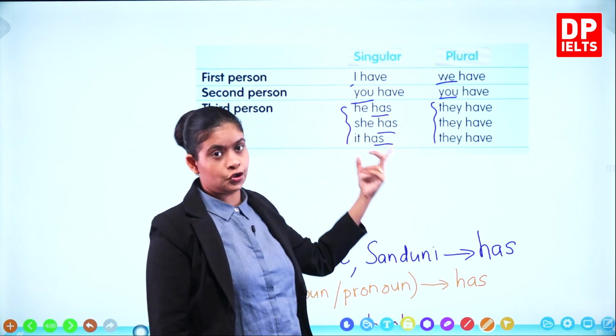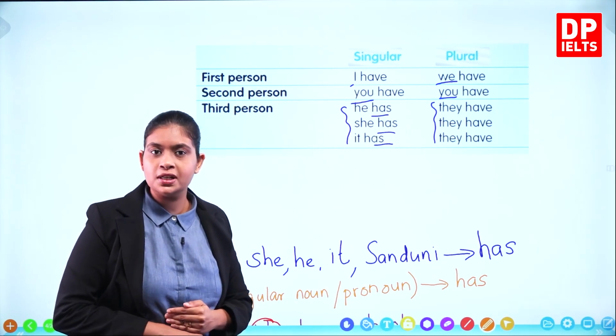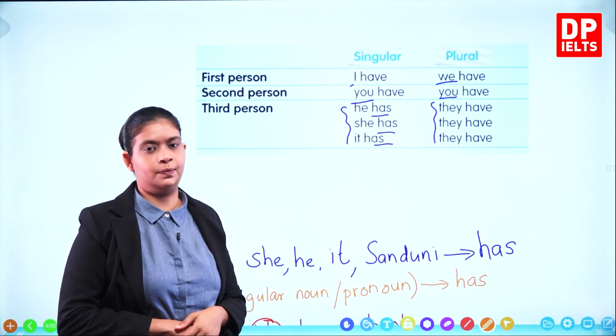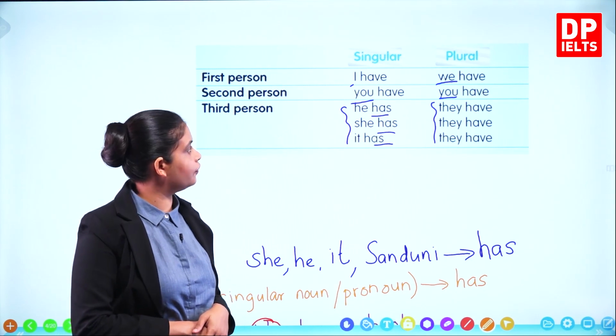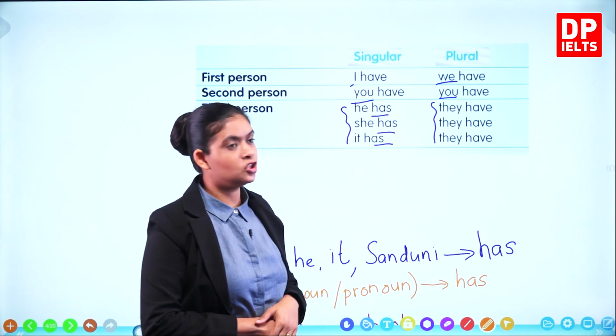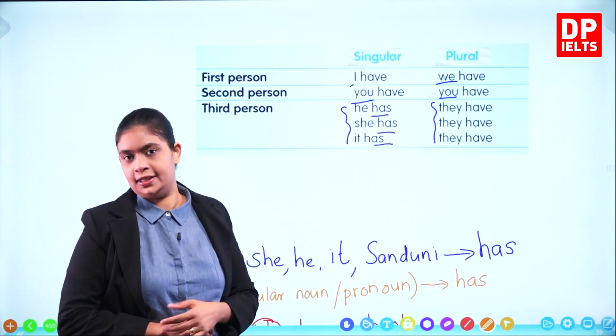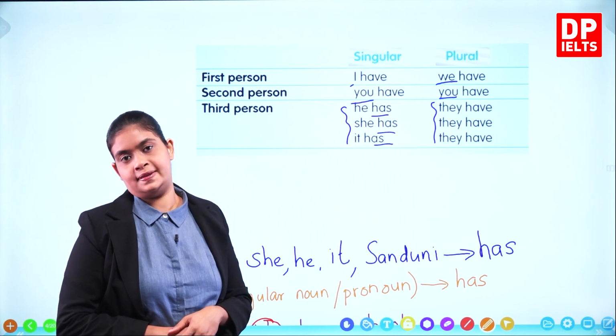Second person is you, and as I told you, the second person acts like the plural verbs. Therefore, it is have. He, she, it is straightforward. Third person singular, therefore has.